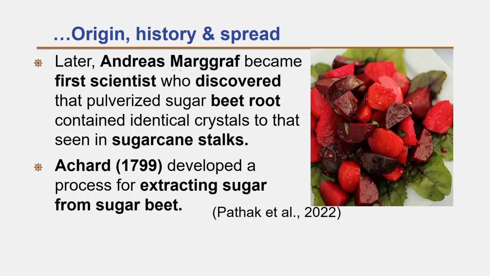Later, Andreas Marggraf became the first scientist who discovered that pulverized sugar beet root contained identical crystals to those seen in sugarcane stalks. Then Achard, in 1799, developed a process for extracting sugar from sugar beet.